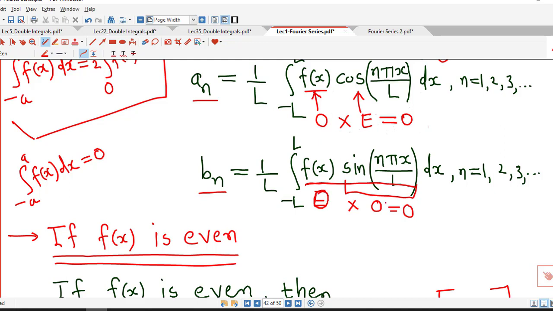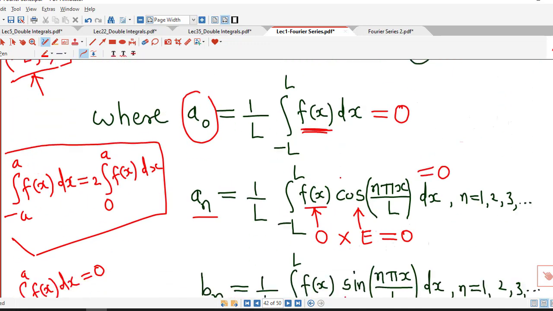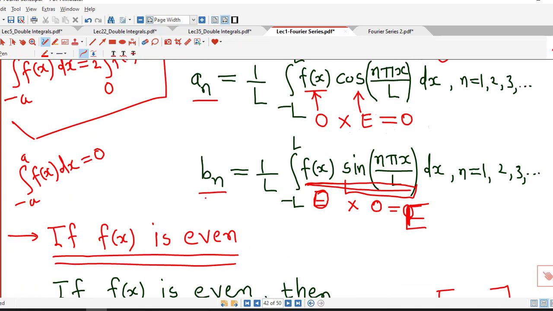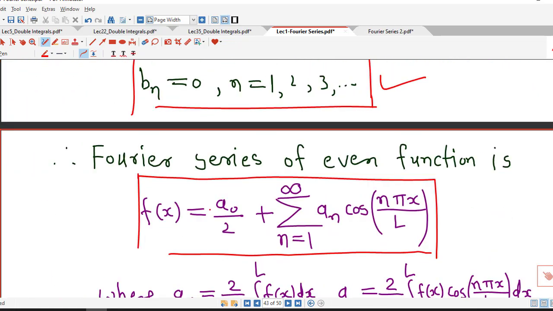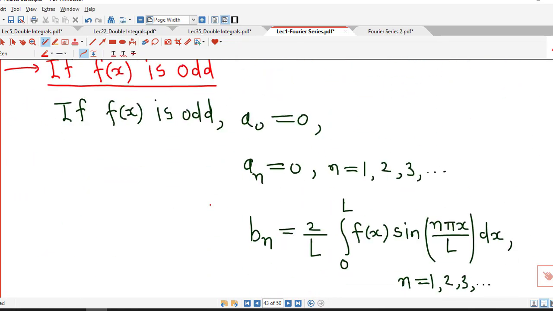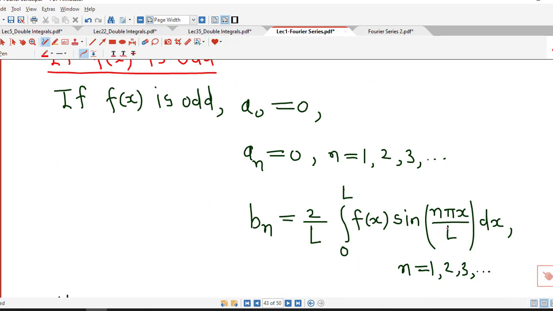is odd, sine function is also odd, so the product of two odd functions is even. So this function in the product is even, so bn will be equal to 2 divided by L integral of f(x) sin(n pi x by L) from 0 to L. So if our function is odd function, value of Fourier coefficients a0 and an are always 0, and bn will be given by 2 divided by L integral from 0 to L f(x) sin(n pi x by L) dx.